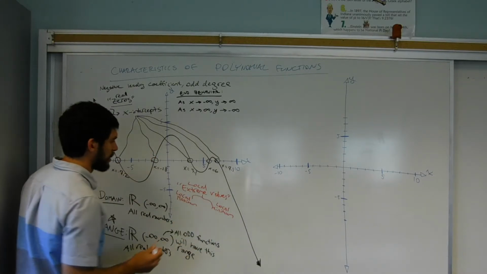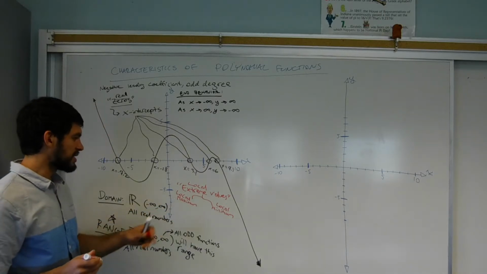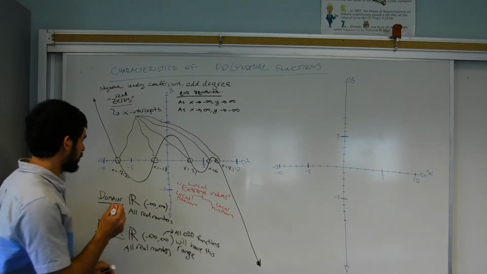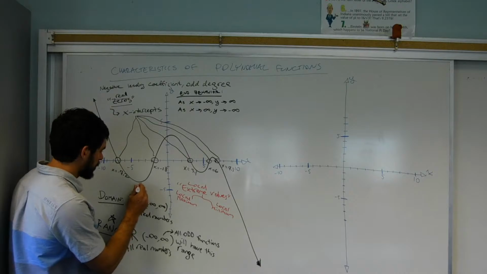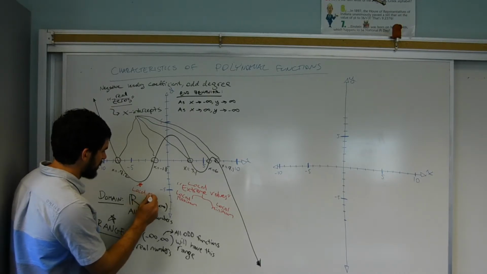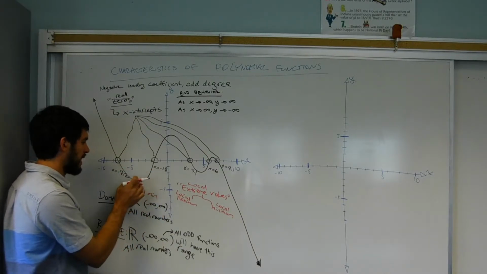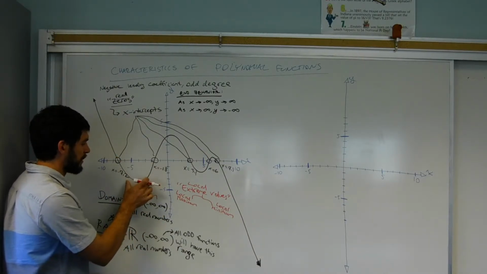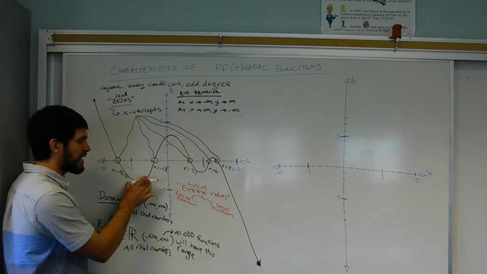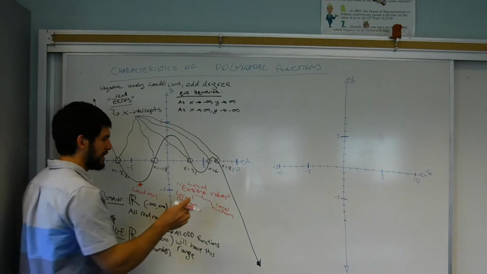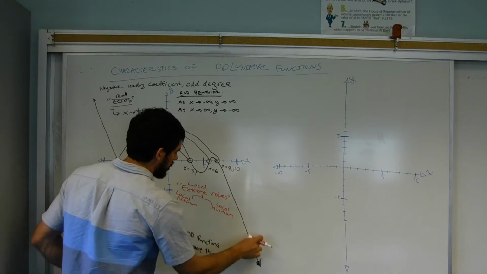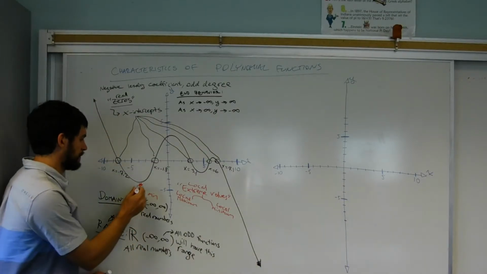I'll write local up here. The reason we use this local term is that a local minimum is going to be this point right here. You see it's the lowest point in this part of the graph, because it's the bottom of our valley here, but it's not the lowest point in the whole graph, because this graph is going to go all the way down to negative infinity.